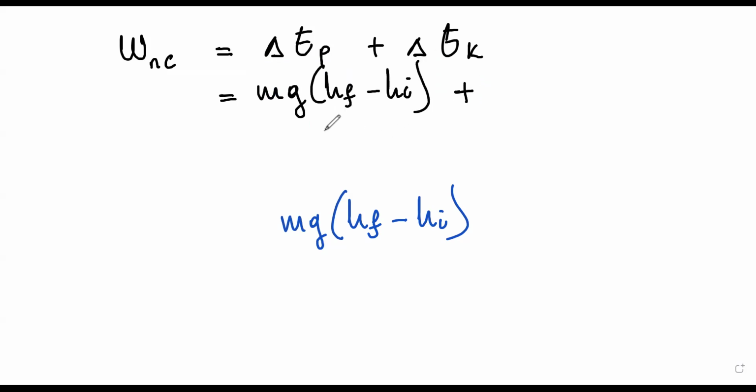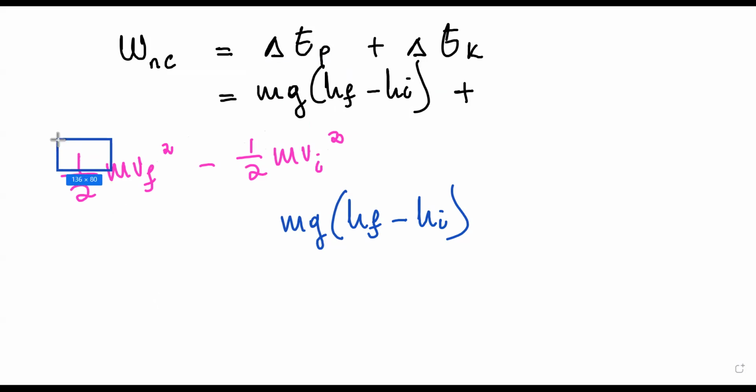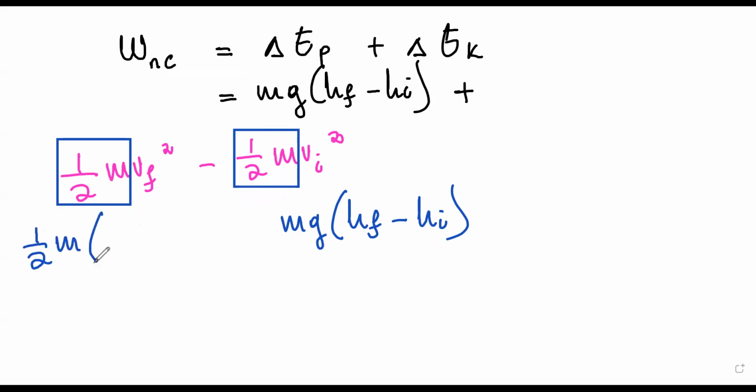All right. Now, what about the change in kinetic energy? This one is supposed to be 1/2 mvf squared minus 1/2 mvi squared. Once again, since both of these terms have 1/2 m in common, we take 1/2 m out, and here we have Vf squared minus Vi squared.